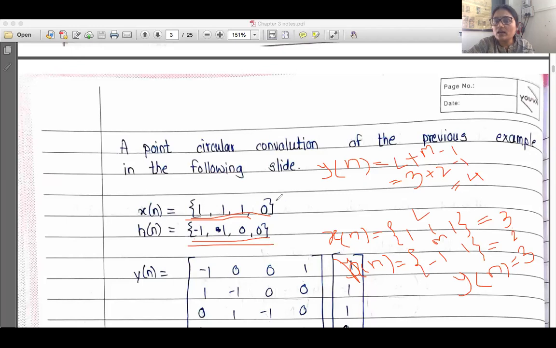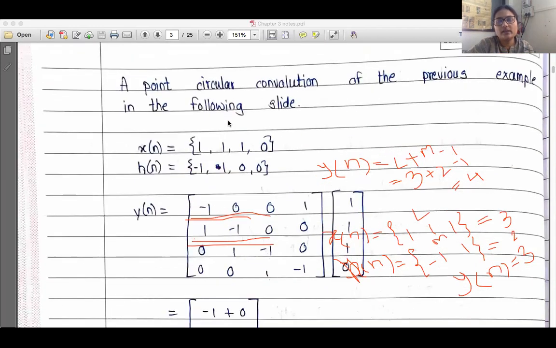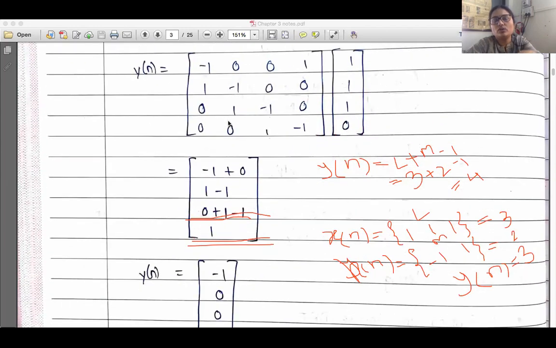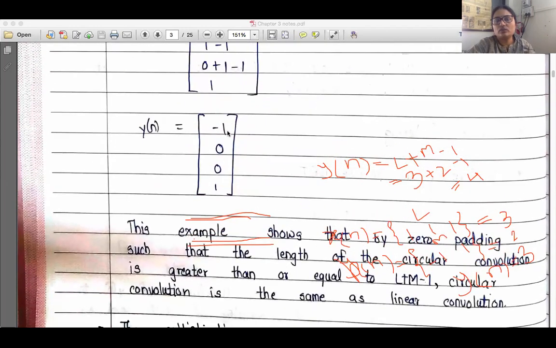At the end of the input sequence I have added one 0, and at the end of the impulse sequence I have also added 2 zeros, so that the length of the input sequence and the length of the impulse sequence are both equal to 4, and then I can apply the matrix method in order to find the circular convolution.